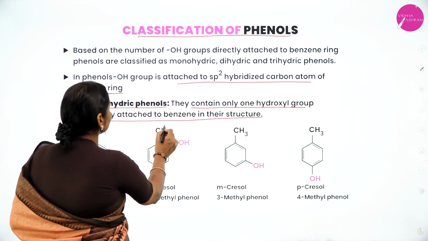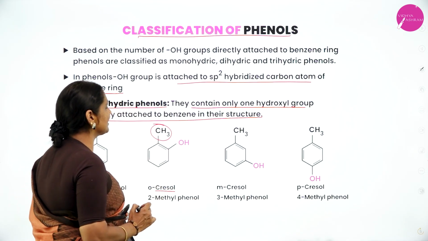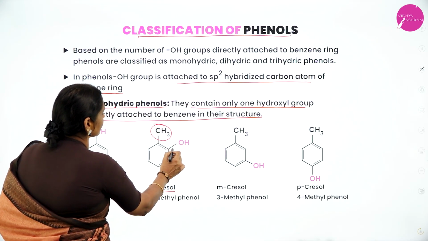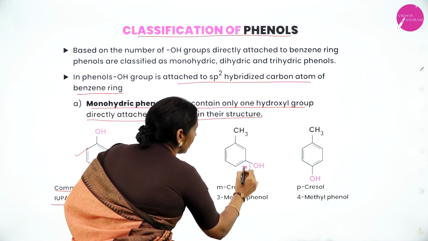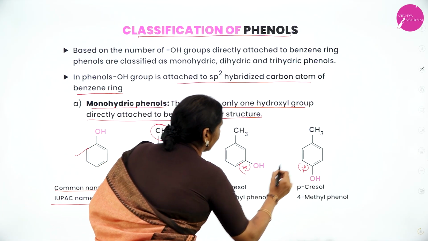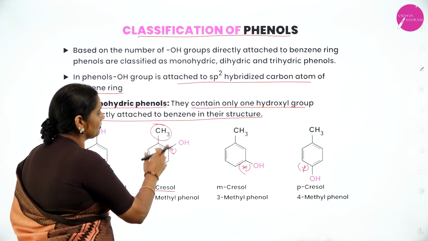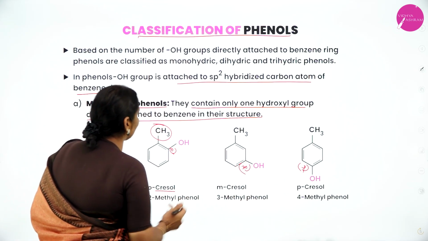Now, when a methyl group is attached to phenol, it is called cresol. Here the OH group is attached at the ortho position, therefore it is orthocresol, and it is metacresol, and it is paracresol. Therefore, in cresol we have three, depending upon the position of the OH group: orthocresol, metacresol as well as paracresol.